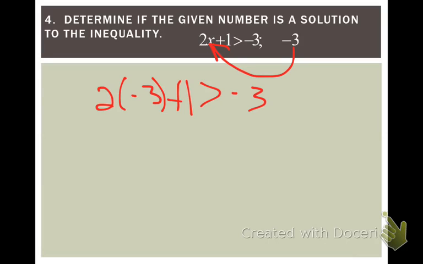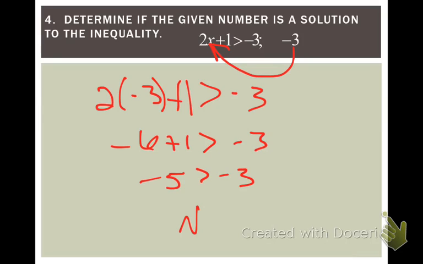Right? 2 times negative 3 is negative 6. This is negative 5. Is negative 5 greater than negative 3? Then is negative 3 a solution to that inequality? No.